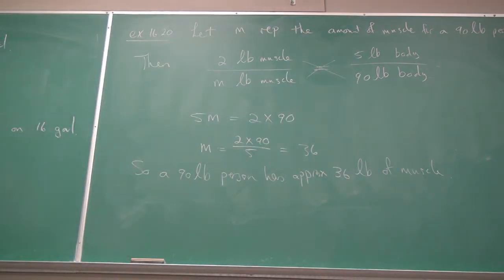The variable that you should define is always going to be the quantity being asked. If you can just set up the ratio equations, it's really so easy. And there is never any guessing. Should I multiply 90 by 5 and then divide by 2, or multiply by 2 and then divide by 5?